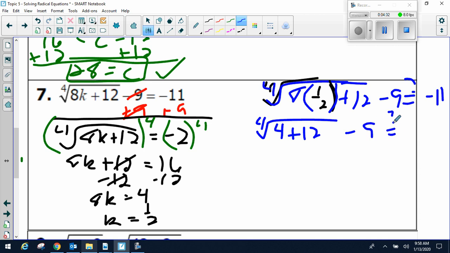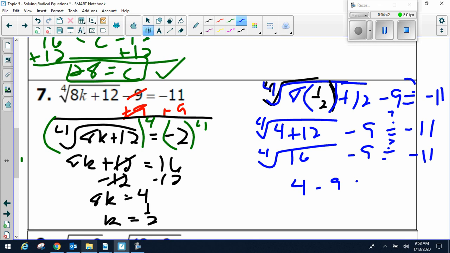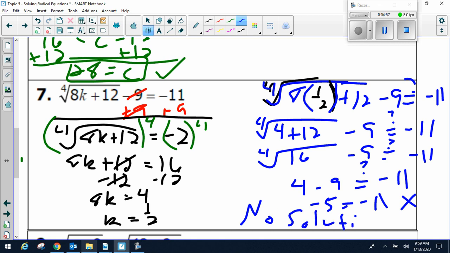Does that equal -11? So you get the 4th root of 16 minus 9. Does that equal -11? And I get 4 minus 9. So you get -5 equals -11, which does not work. And since that's the only solution that you got when you solved this, that means this has no solution.